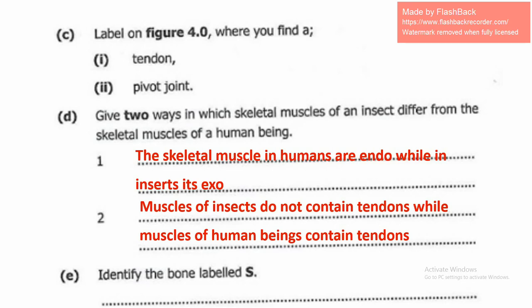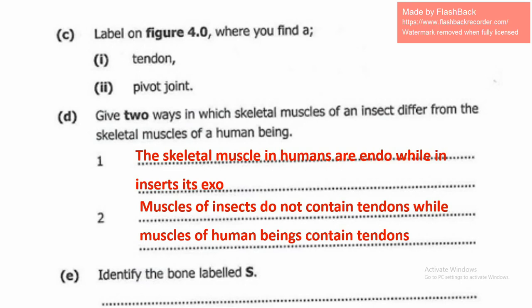No wonder we're able to label where we find a tendon. Okay, because the skeleton of human beings has tendons, which connect bones to muscles, and they convert their contraction into movement.